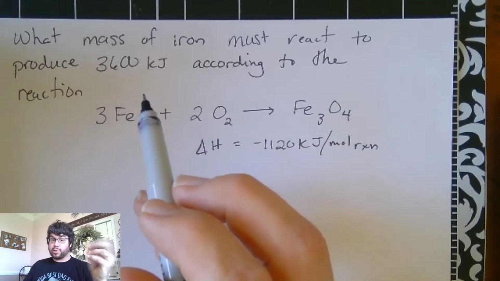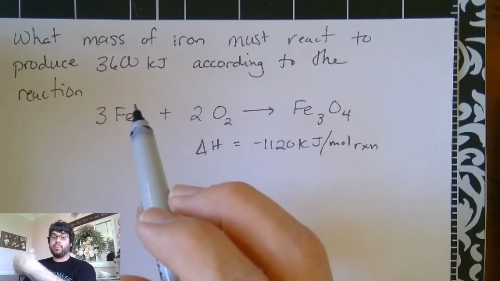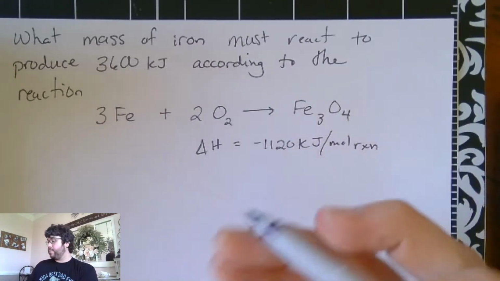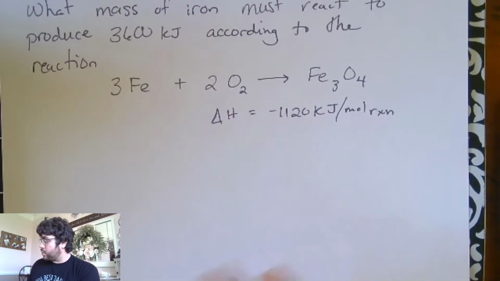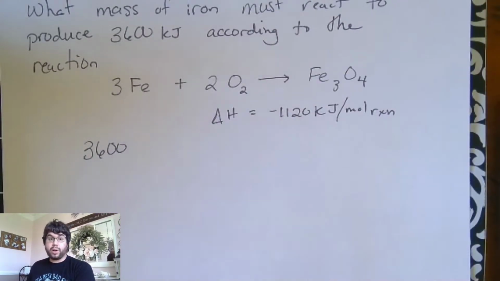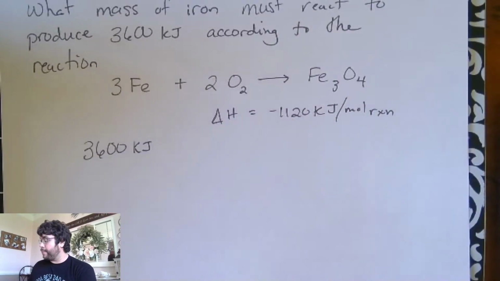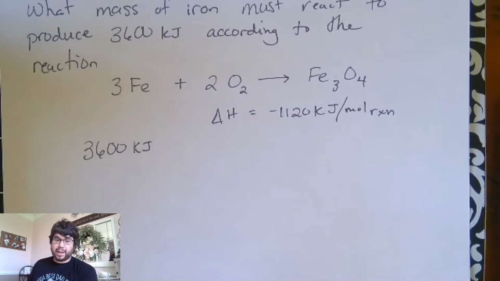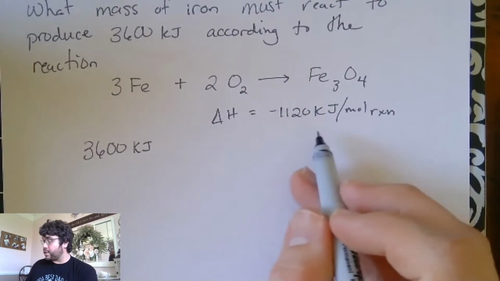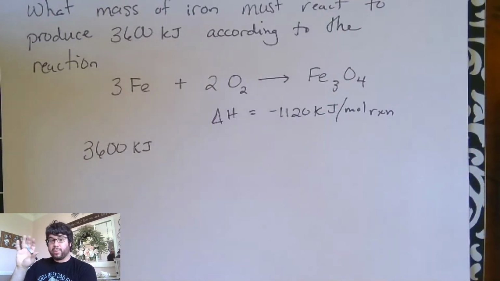Instead of starting with mass or moles, we are going to be taking the energy and converting to moles of reaction, then moles of substance, and then grams. So let's do this one. If we wanted to make 3,600 kilojoules of energy, okay. Now to keep things simple here, this is an exothermic reaction. So if I wanted to generate 3,600 kilojoules of energy, that would be released because the enthalpy for this reaction is exothermic. So I'm going to put a negative there.